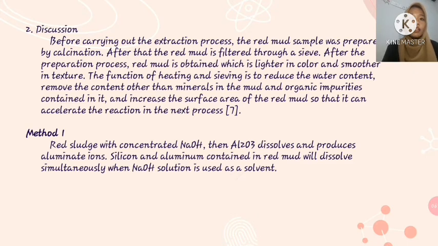And then discussion: before carrying out the extraction process, the red mud sample was separated by calcination of the red mud and filtered through a sieve. After the separation process, red mud is obtained, which is lighter in color and smoother in texture.